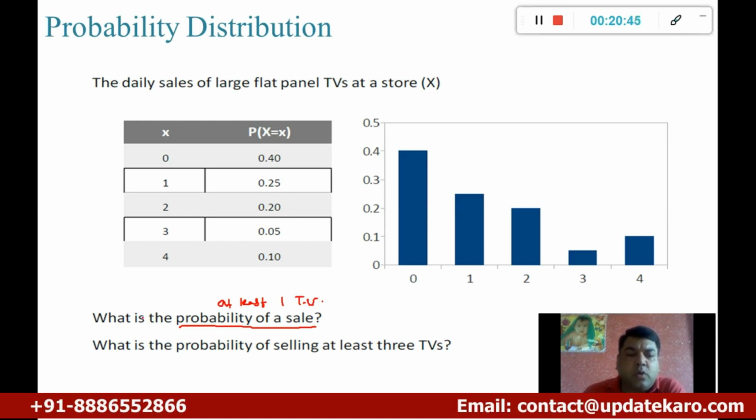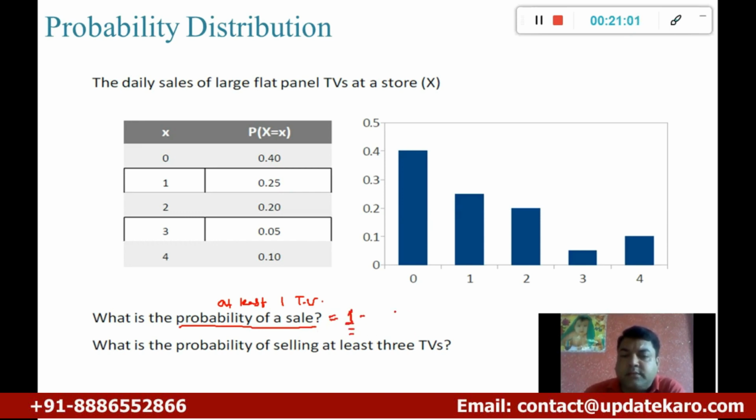Right? So to answer this, one can also use this logic: it is equal to 1 minus, because the total probability will always be 1.